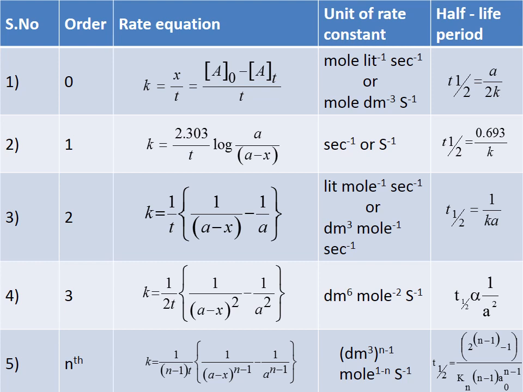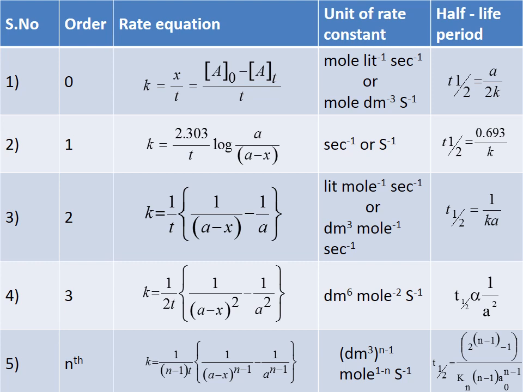The unit is mol L^-1 s^-1 or mol dm^-3 s^-1. The half-life period for zero order reaction is t half equal to a by 2K. For zero order reaction, t half is directly proportional to the initial concentration and inversely proportional to the rate constant.